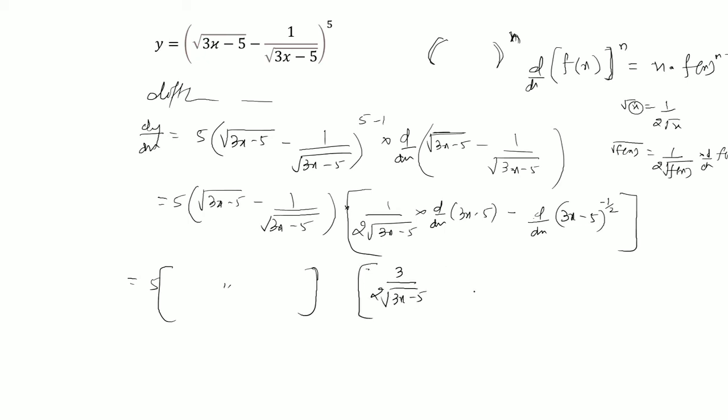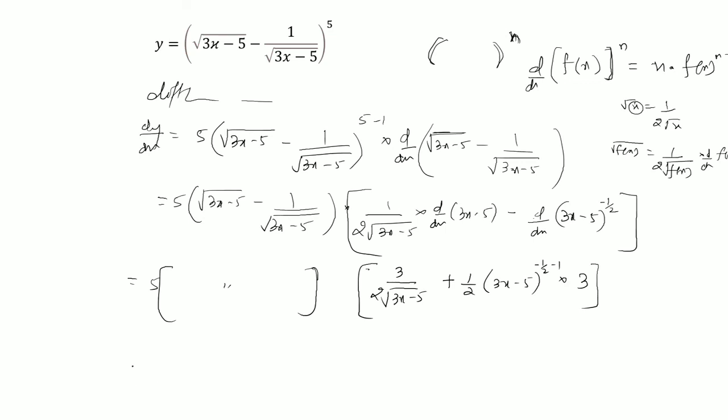In the second bracket, minus, now this becomes minus half, so the minus and the minus will make this positive: half (3x minus 5) raised to minus half minus 1, into the derivative of (3x minus 5). The derivative of 3x is 3, the derivative of 5 is 0.